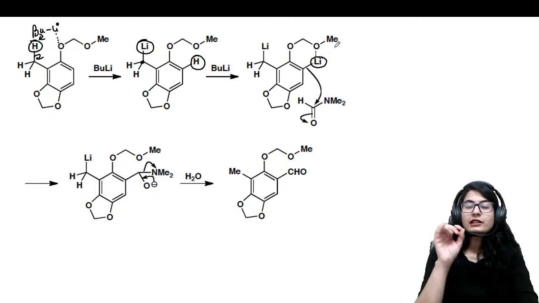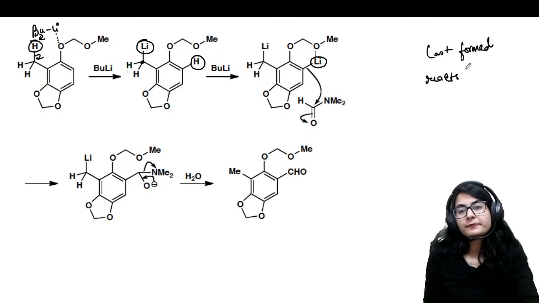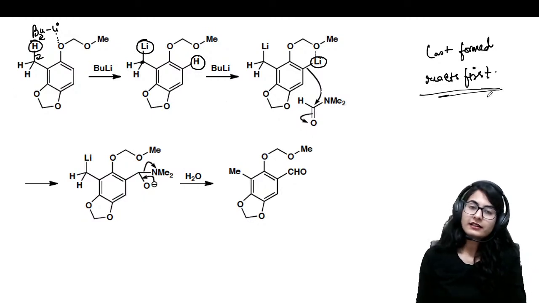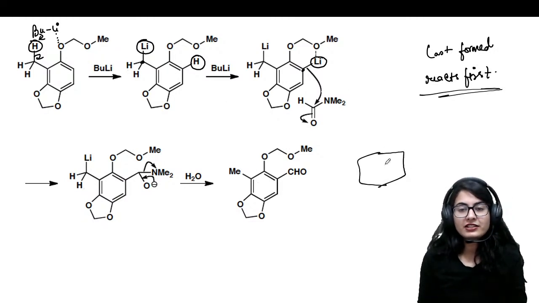And what is our rule? The rule says the one which is formed last reacts first. Okay? Last formed reacts first. So this is going to react first. Do you understand? Here the negative charge is attacking. There is no electrophilic aromatic substitution on DMF.